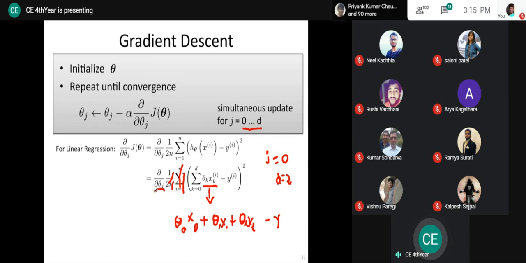So now if you start this partial derivation, we have the square of this function. So if you apply the partial derivation, this is similar to x square. And what is the partial derivation of x square?